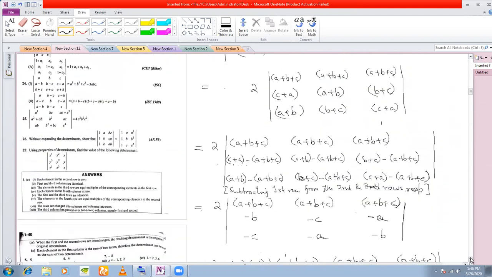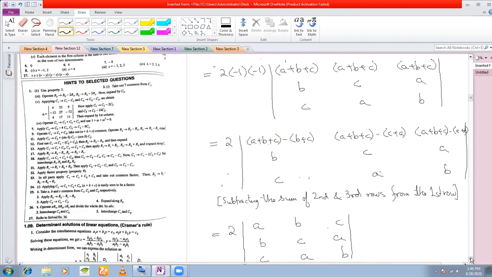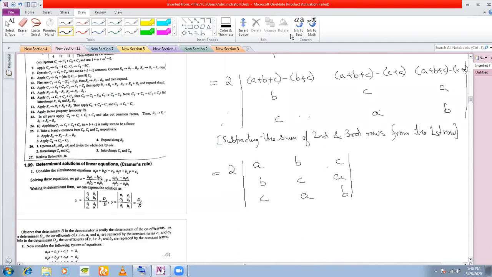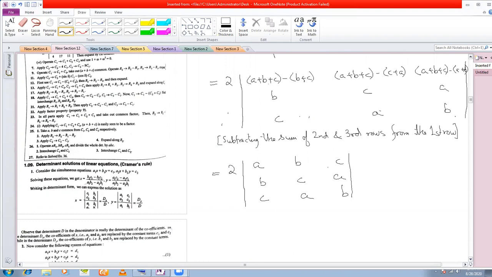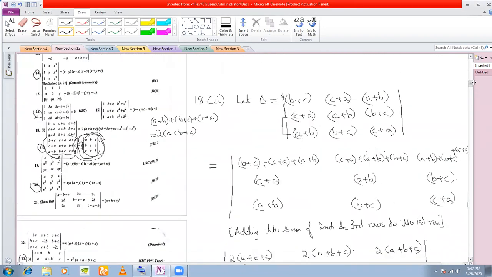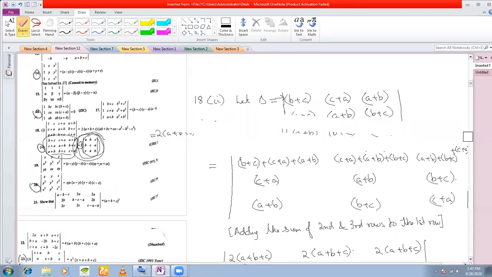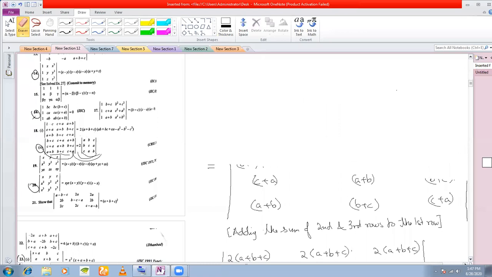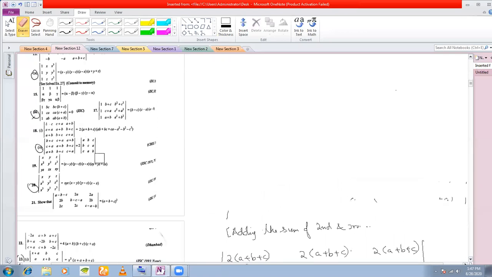Understood? Yes, sir. Are all the steps clear? Yes, sir. Okay. So we'll do the next one then. I think this was a good problem and an important problem also.